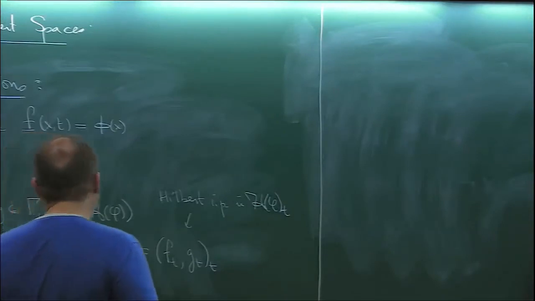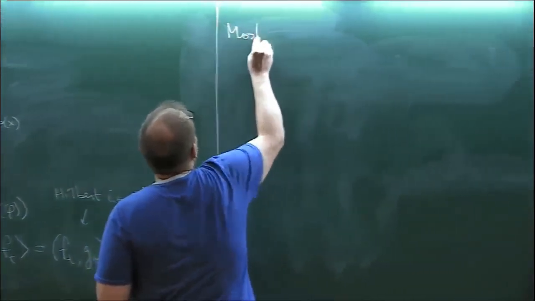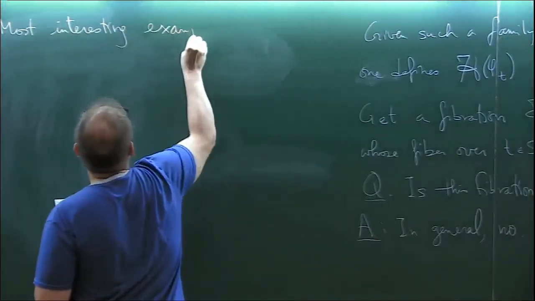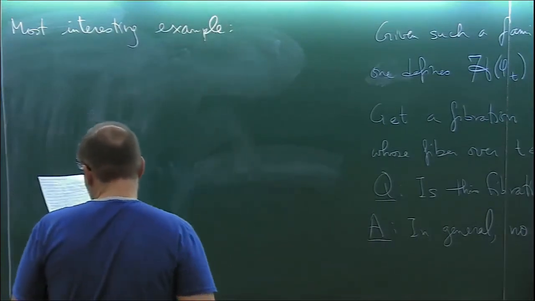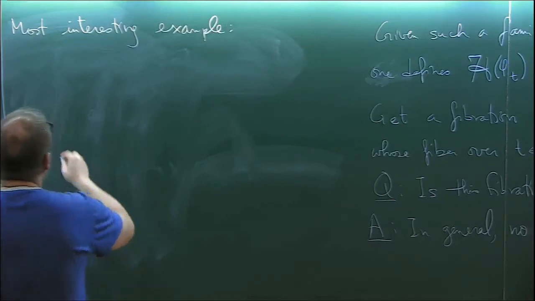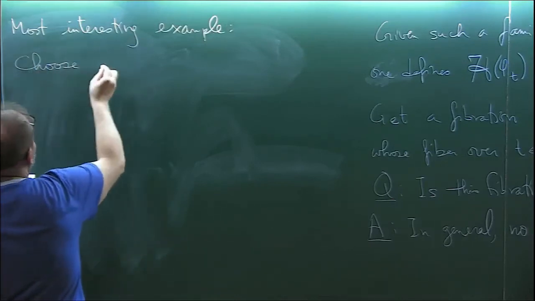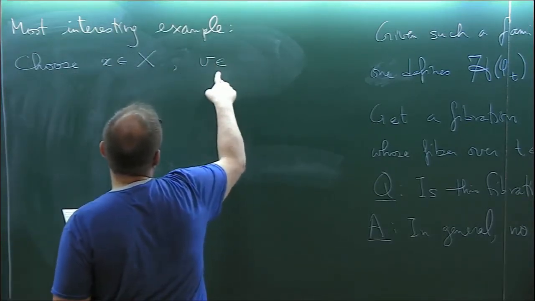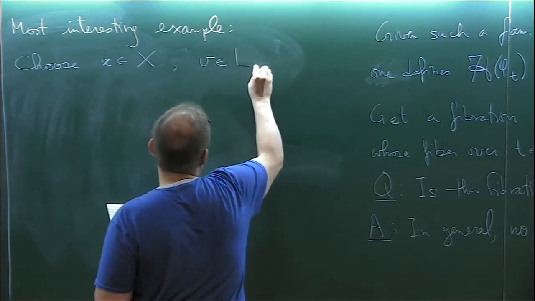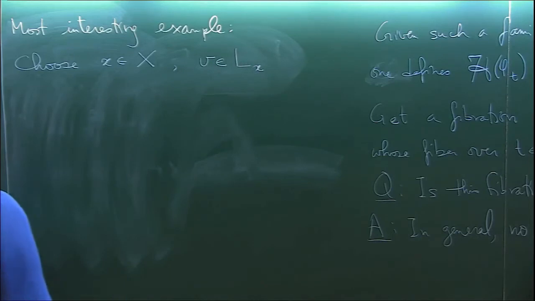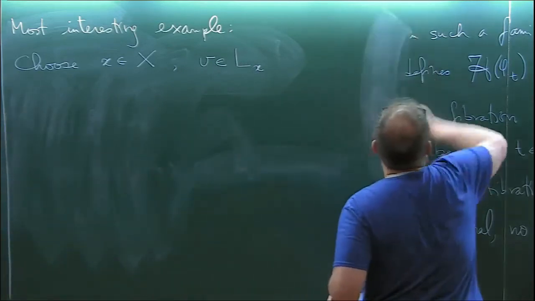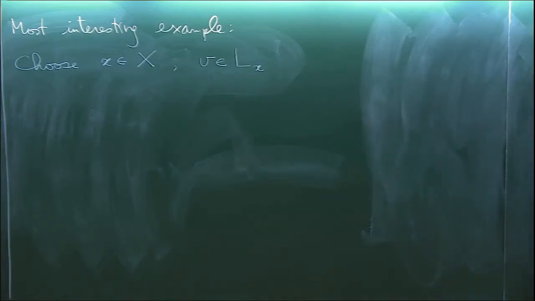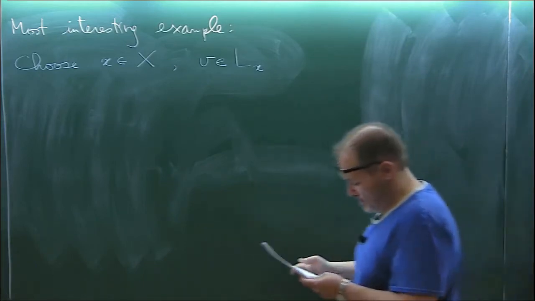Okay, here's the most interesting example. Let's choose some point x in capital X, and then we'll also choose some v in the fiber of L over x, okay?